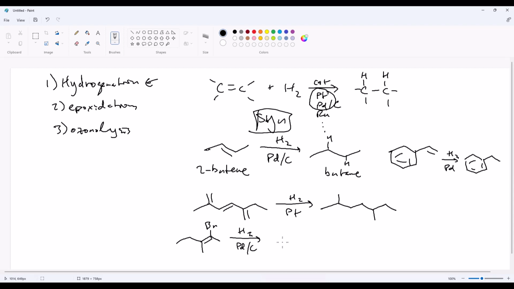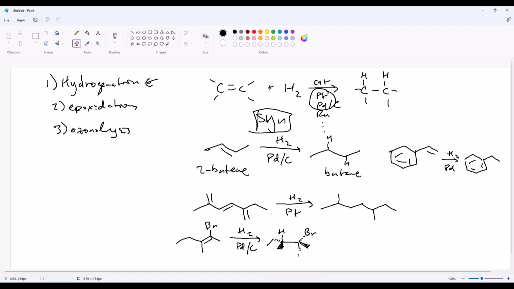If we examine this, if I put one H like this and one H down, we'd have a methyl, we'd have an ethyl going back, and we'd have a bromide going back, and we'd have a methyl pointing forward. So we'd have the H's, this is actually backwards.